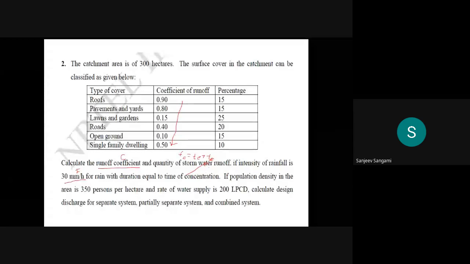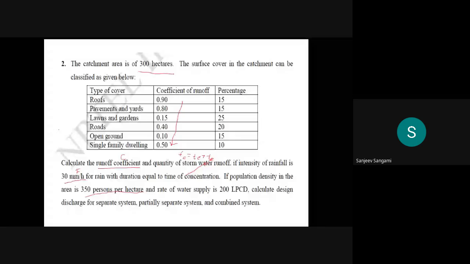Next, the population density of the area is 350 persons per hectare. He has not directly given the population, so you have to calculate how much population is there. You can see at the top that 300 hectares of area is given.